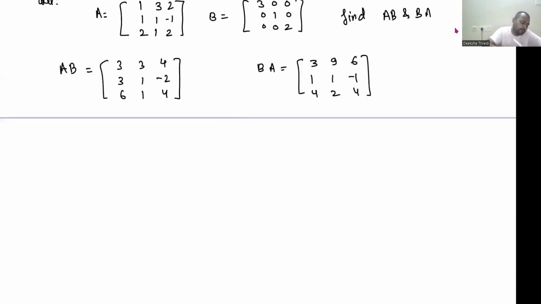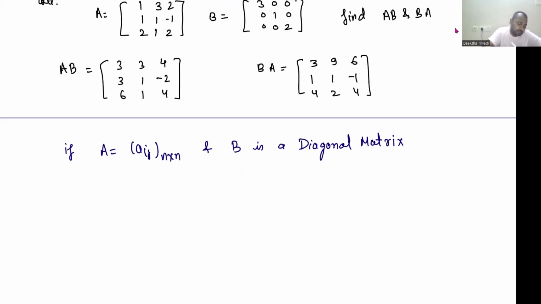Next question, I am saying if A is Aij of order n cross n and B is a diagonal matrix and AB equal to BA.